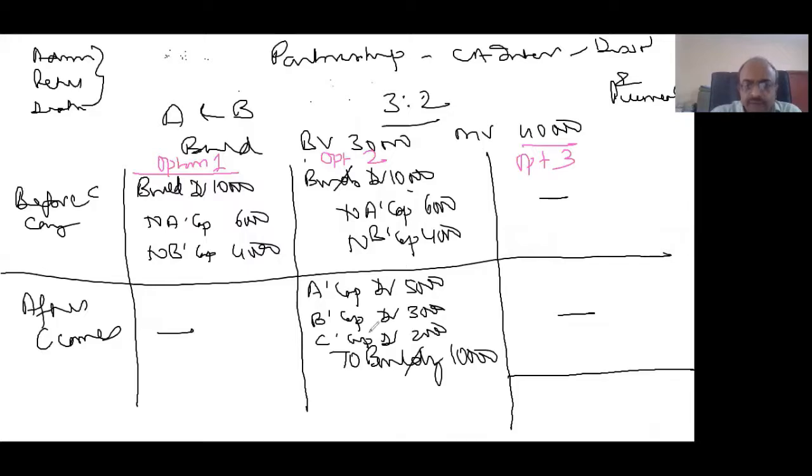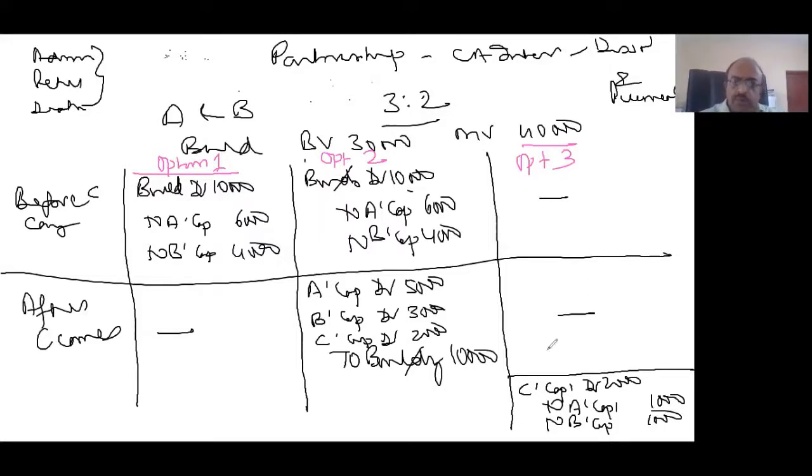If you take the net, building gets cancelled, then A's capital is net credit 1,000, B's capital is net credit 1,000, and C's capital is debit. Therefore, the net entry will be C's capital account debit 2,000 to A's capital 1,000, to B's capital 1,000. So without doing anything, all this problem has been resolved by just passing this net entry. Once we do that, this is done.